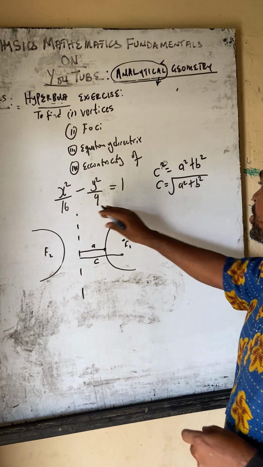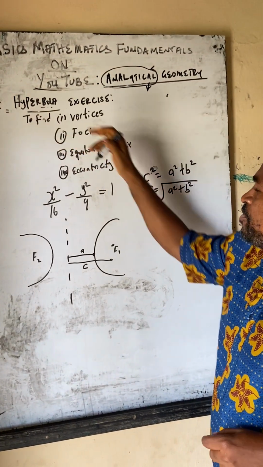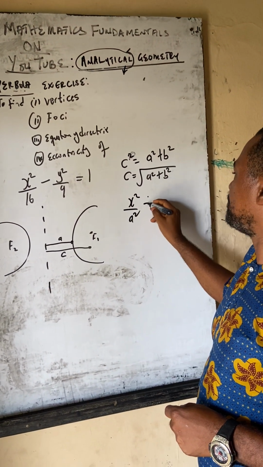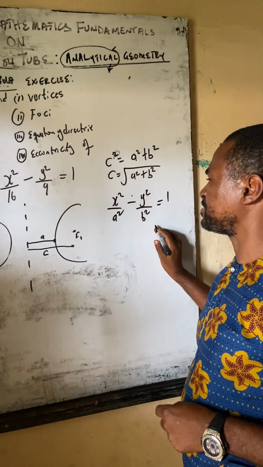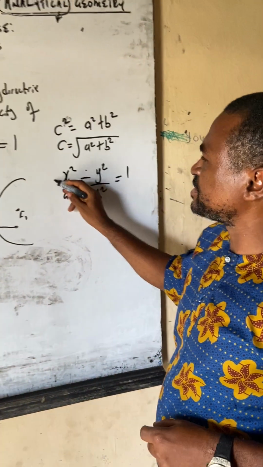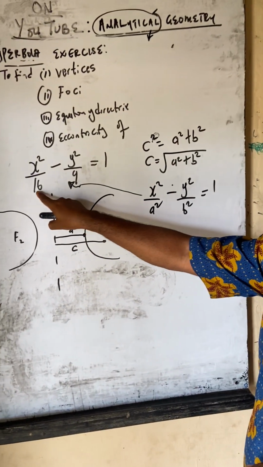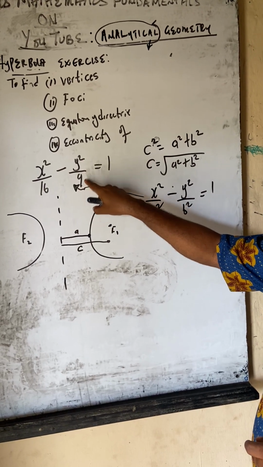Now, the general equation of a hyperbola is given as x squared over a squared minus y squared over b squared is equal to 1. If you compare this equation to the question that I have here, I can think of a number that I square to give 16 and a number I square to give 9.